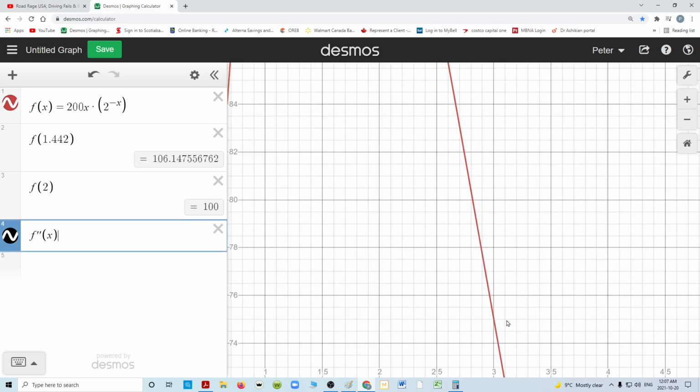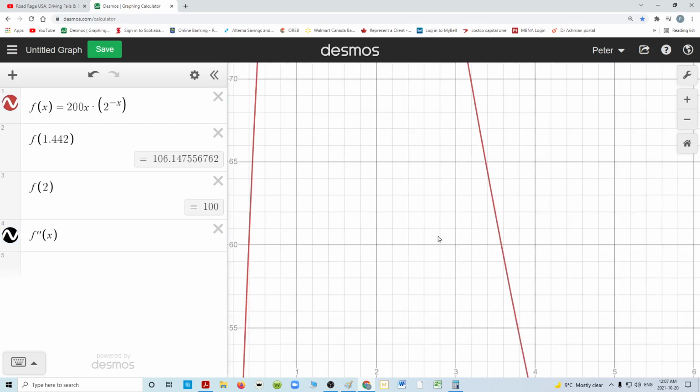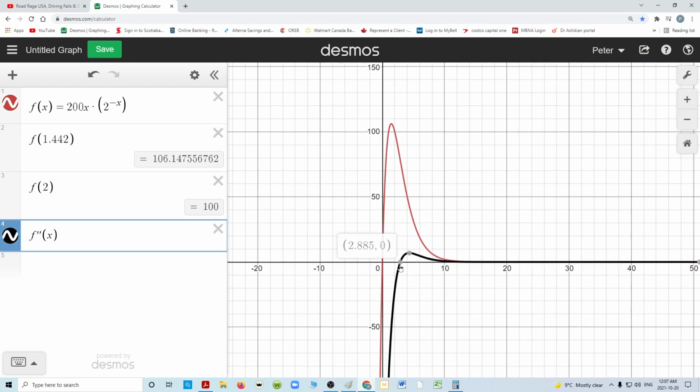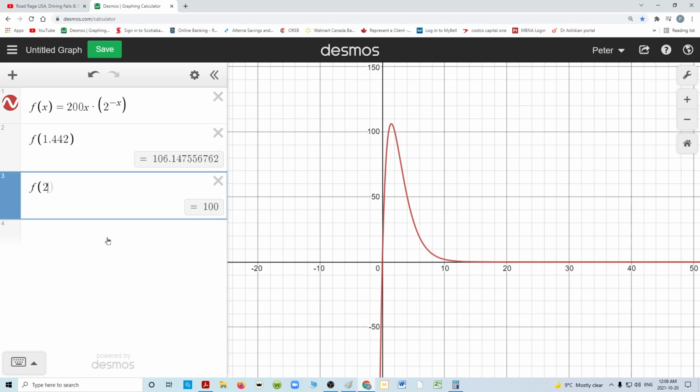So if I just do the curve of it, it's when t is 2.885. And that will be the fastest speed of the door.